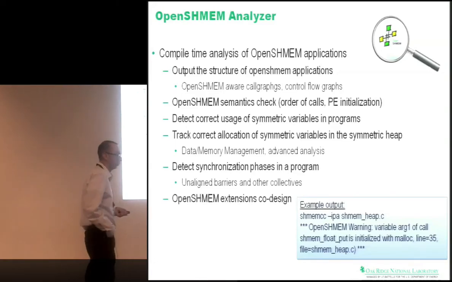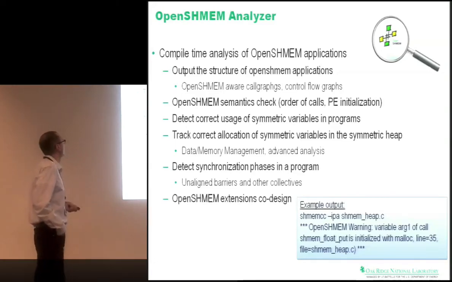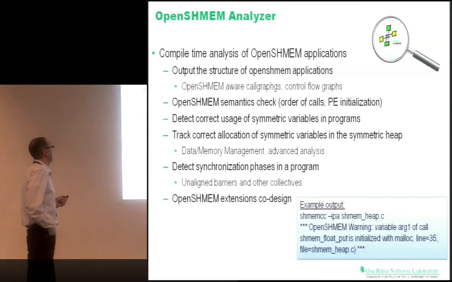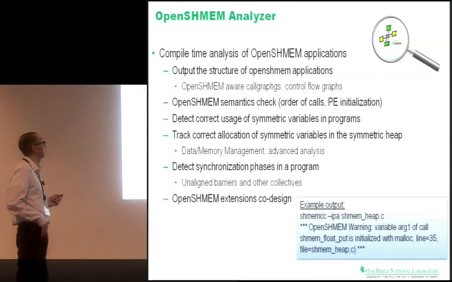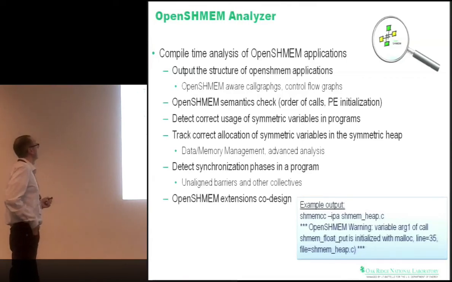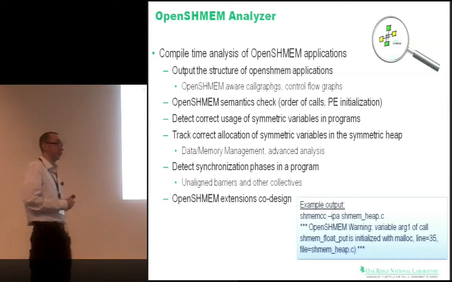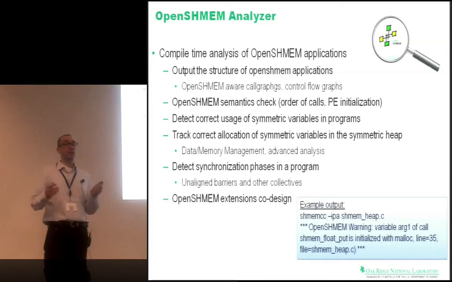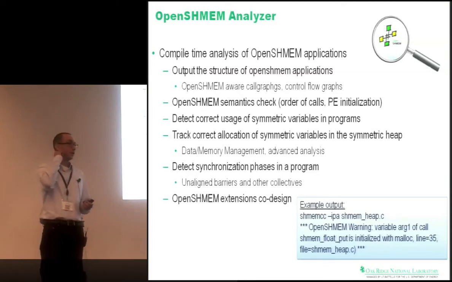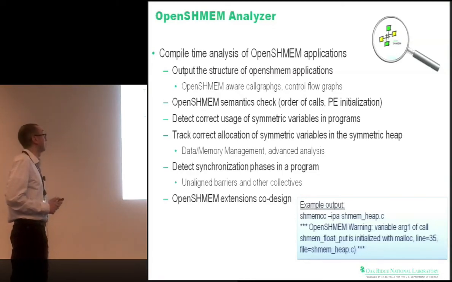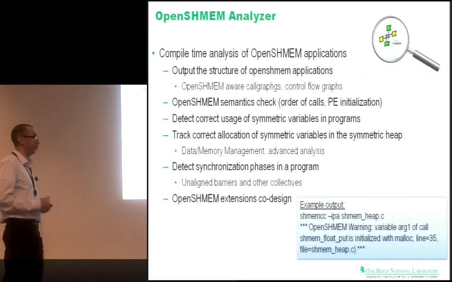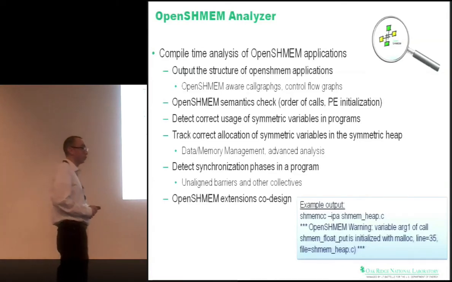Essentially, we know how to generate a call graph of OpenSHMEM calls. Semantics check essentially verifies if you use the correct order of OpenSHMEM calls, if you initialize the library before usage, and detects correct usage of symmetric variables. If you by mistake try to access some variables that are not in the symmetric heap, Analyzer may detect it and warn the user.